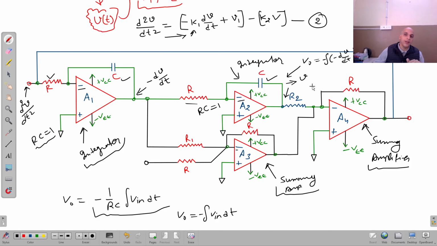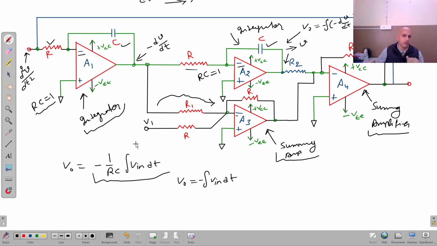This is the summing amplifier, but now come to this side. Now this minus dv upon dt is applied to this summing amplifier through this resistor R1, right? And the other input to this summing amplifier is b1. We know very well that we also have b1, and b1 is a given function, and it can be a constant. It can be a fixed DC voltage, or it can be a given function, right? Now this summing amplifier has two inputs.